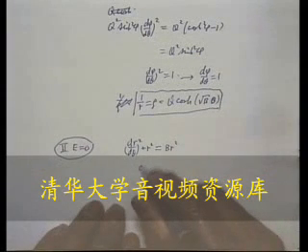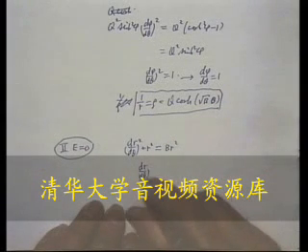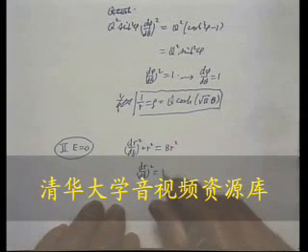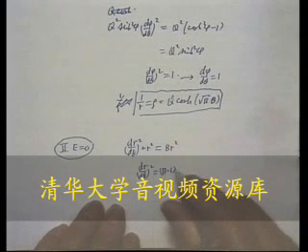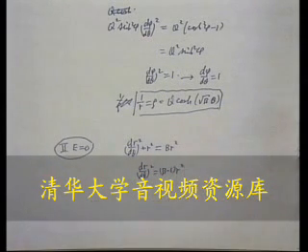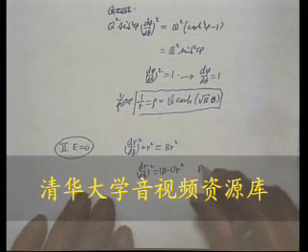So we get dr d theta squared is equal to b minus 1 r squared. So b has to be greater than 1.